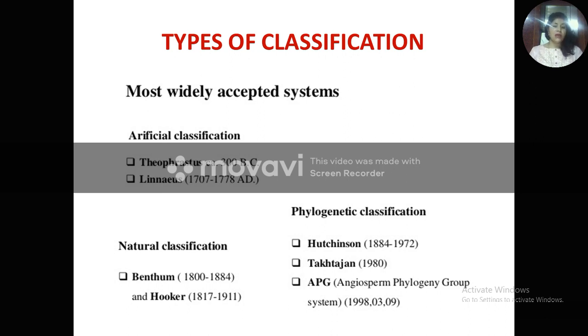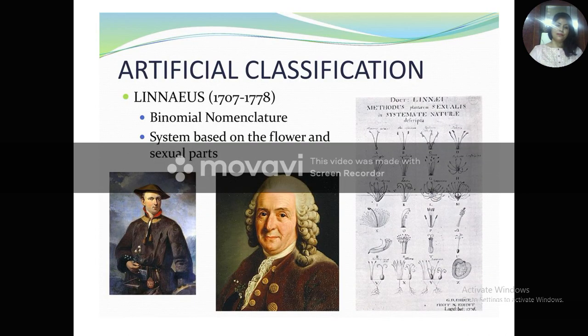And more advanced or recent is the phylogenetic system of classification, where it's worth mentioning Hutchinson, Takhtajan, Cronquist is also there. And more recently we have a group of taxonomists who have come together called the APG or Angiosperm Phylogeny Group, who work on molecular systems of the plants and create a classification.